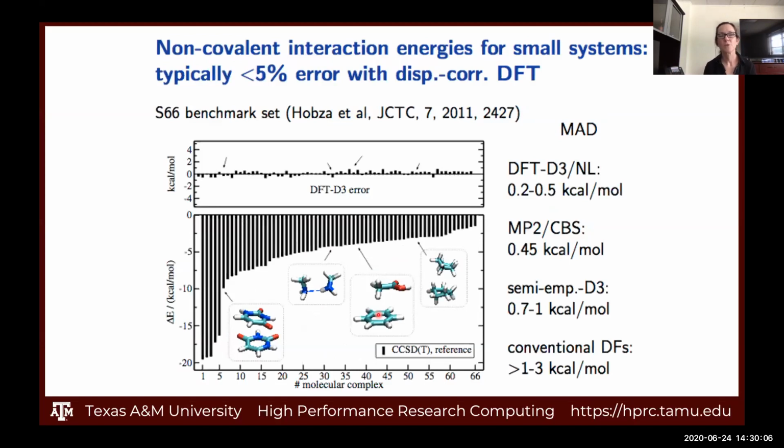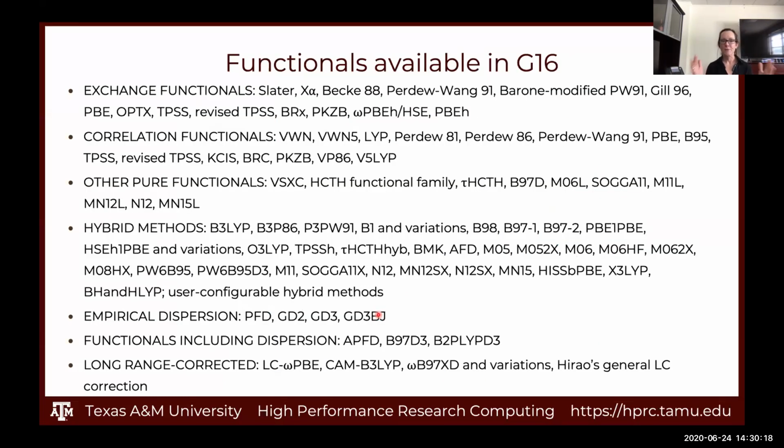Okay, you can look at this at your leisure. It's just showing how the correction can really improve your results for all of these pi-pi van der Waals interactions. Okay, so this is the summary page that lists the functionals that are available in Gaussian 16. And they may have added more in the latest release, but you can see it's a pretty big, long laundry list of functionals.